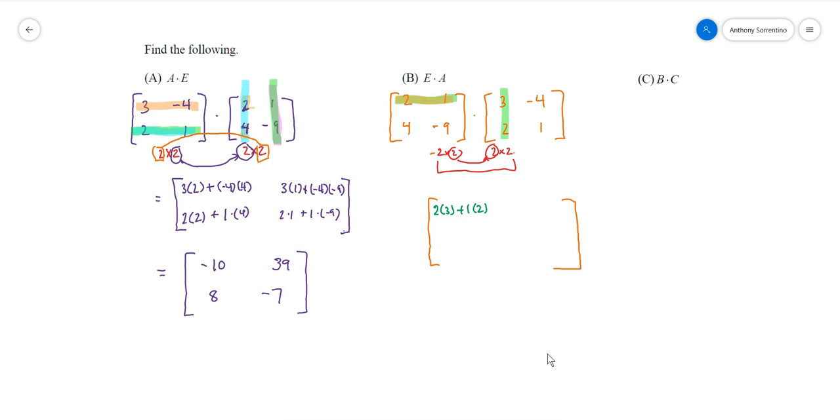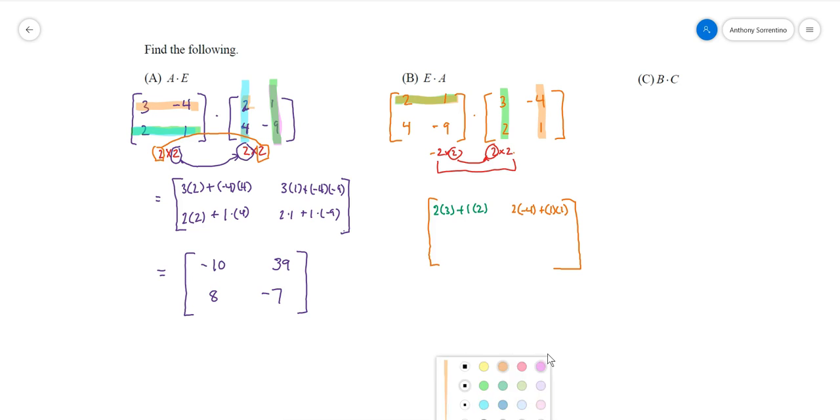Now I'm going to do row 1, column 2 to go what gets put there. And I'm going to have 2 times -4 plus 1 times 1.